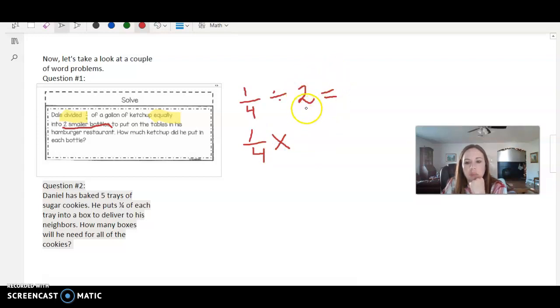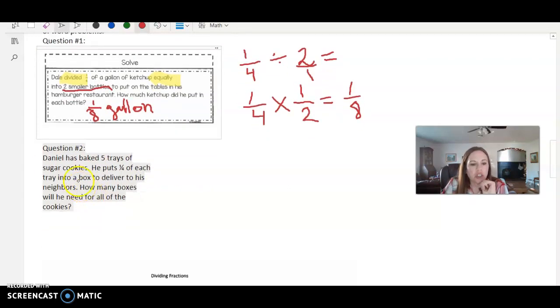Well, what is the reciprocal of 2? 2 over 1 is 2 as a fraction, so let's flip that. Put the 1 on top and the 2 on bottom. And now let's multiply across. 1 times 1 is 1. 4 times 2 is 8. So he put 1/8 of a gallon into each bottle.